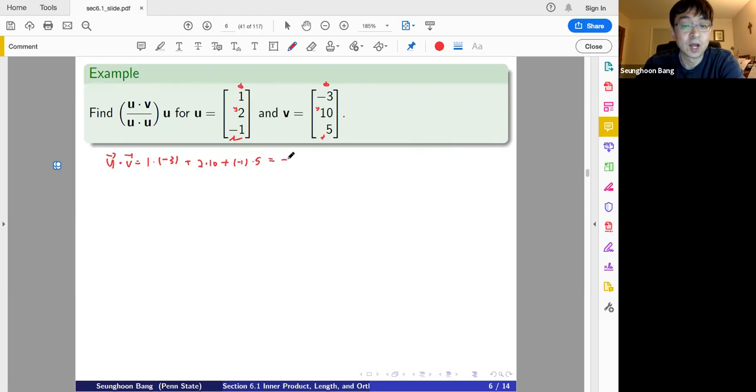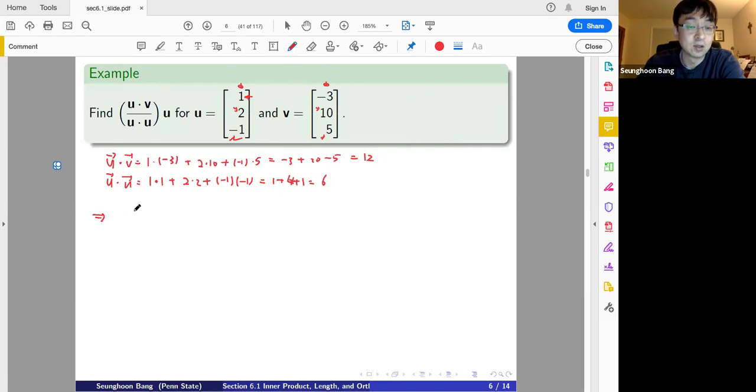So we have negative 3 plus 20 minus 5. The answer is 12. What about u dot u? u is 1, 2, negative 1: 1 times 1 plus 2 times 2 plus negative 1 times negative 1. So we have 1 plus 4 plus 1, which is 6.